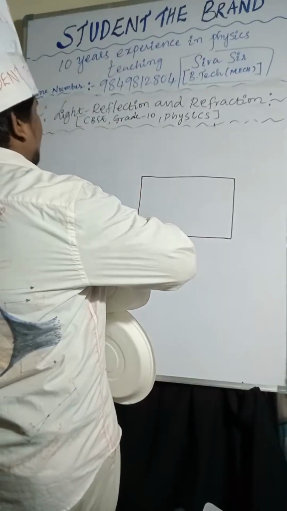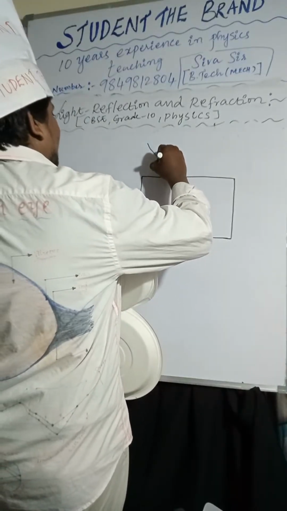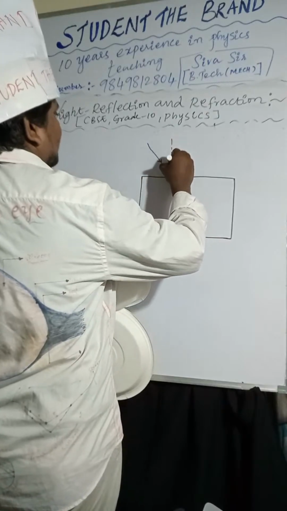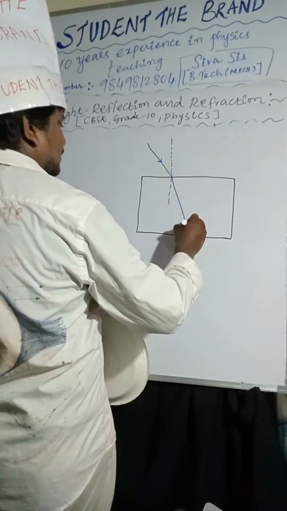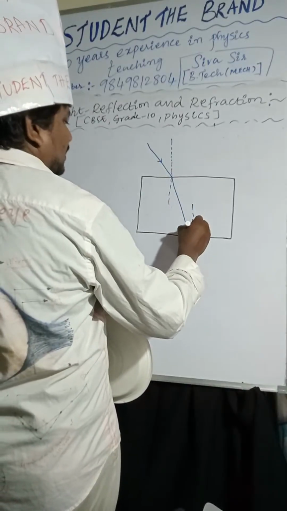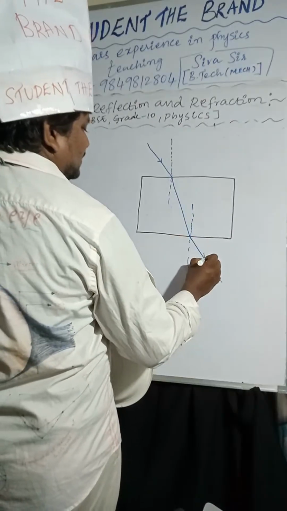So the incident ray I am taking here, light is incident on it. So I am taking this normal line. Refracted ray, I am taking this dotted line. So you are taking this emergent ray.